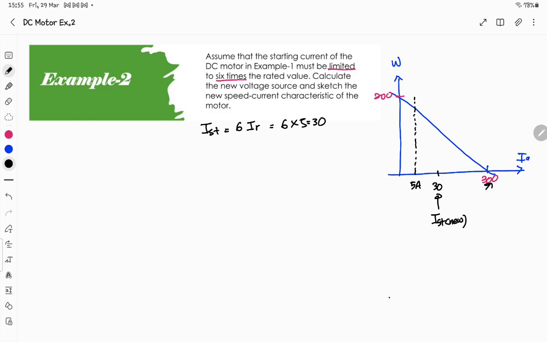Next we have Ist equals VT over Ra. Since for this solution of example 2, our interest is only in reducing this starting current by modifying or adjusting this terminal voltage here.